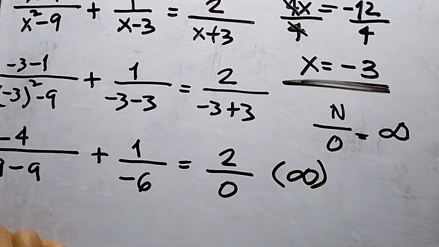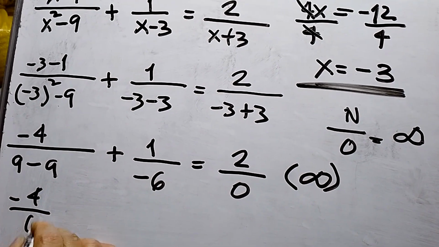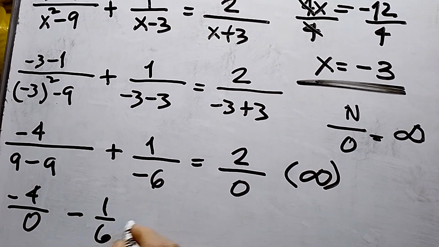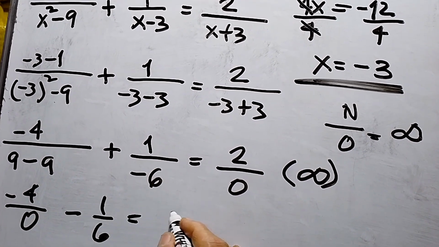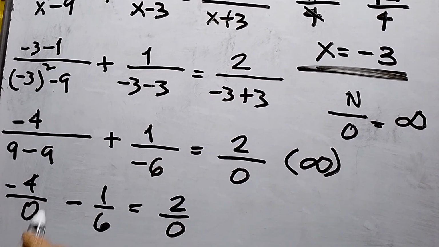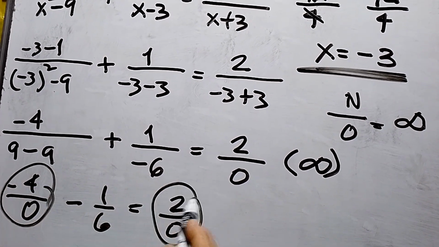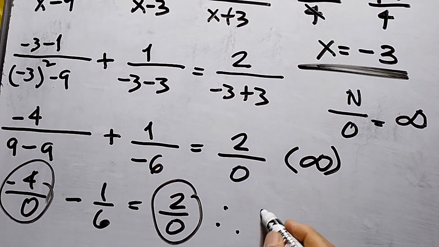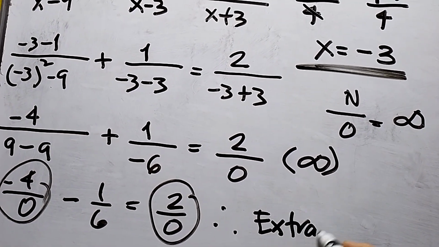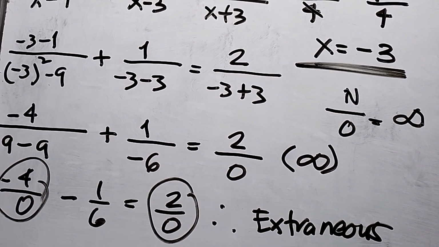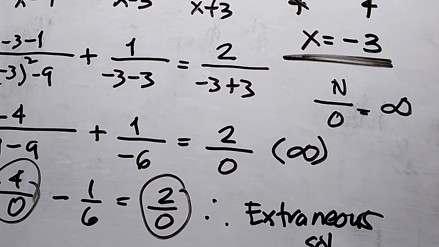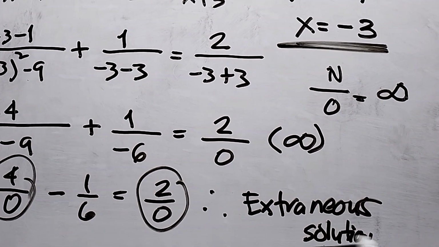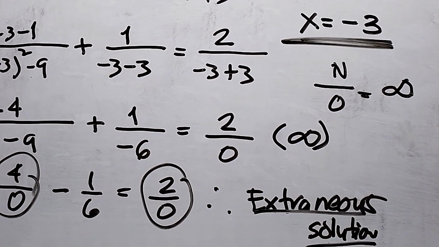And this one also, because negative 4 over 0 minus 1 over 6 is equal to 2 over 0 is undefined. So this is undefined, and then this is undefined. So therefore, the given equation has an extraneous solution. So it can be solved, but it cannot be checked. So that's all for number 2.